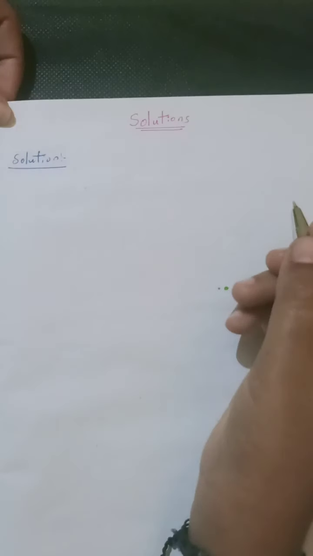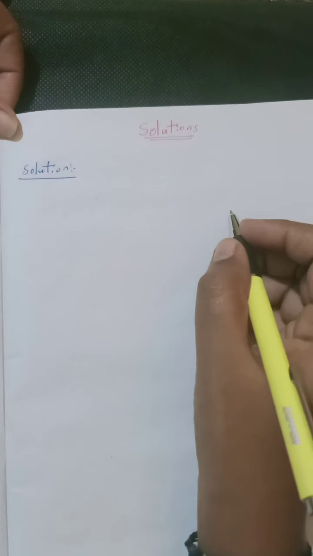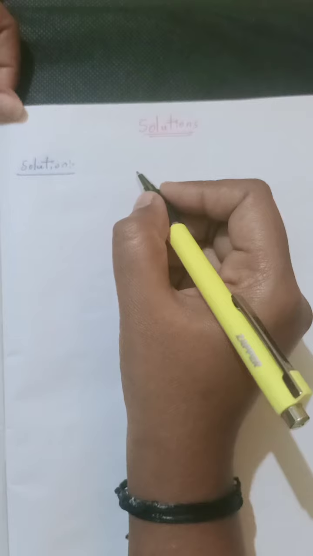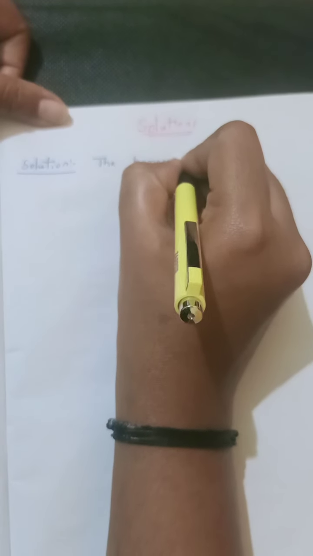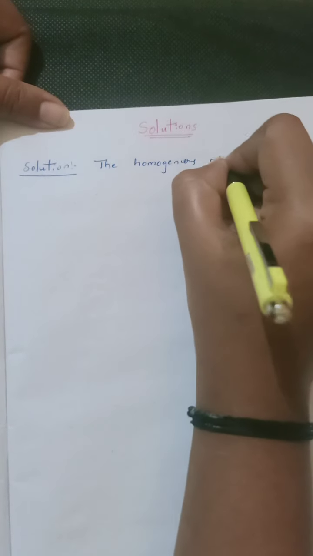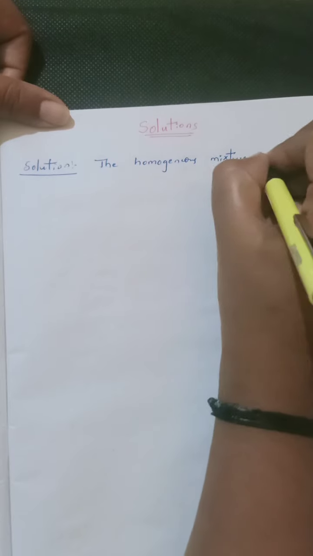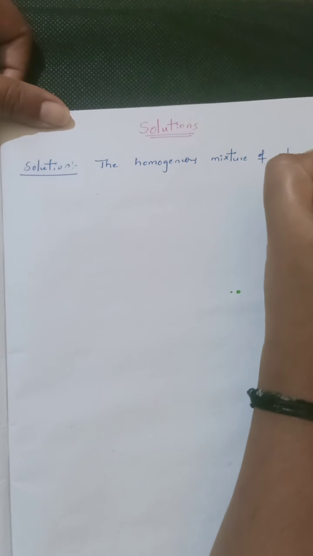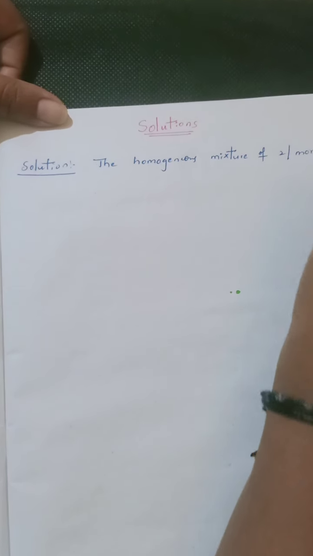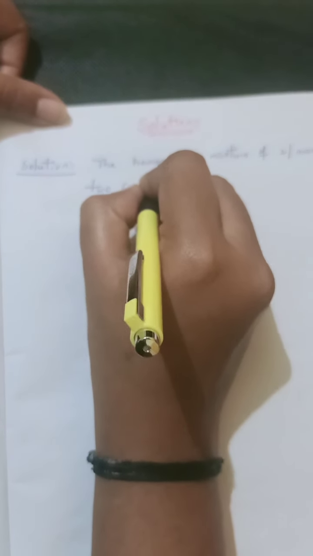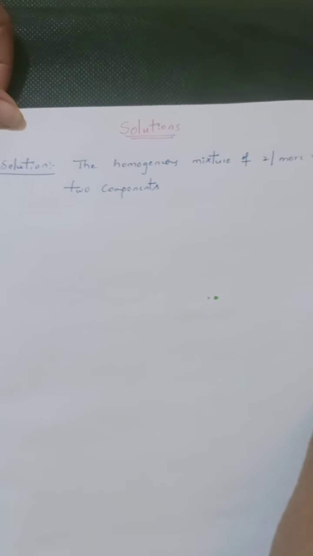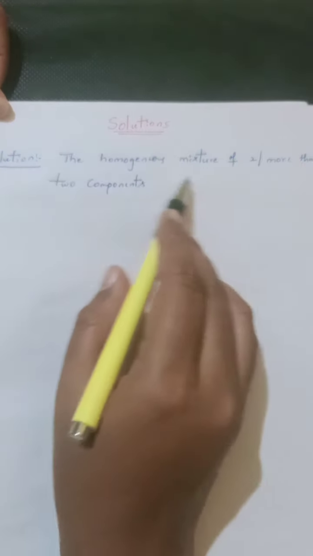Okay, so solution is known as a homogeneous mixture of two or more than two components. Two or more than two components is called a solution. Okay, so it is just a homogeneous mixture.